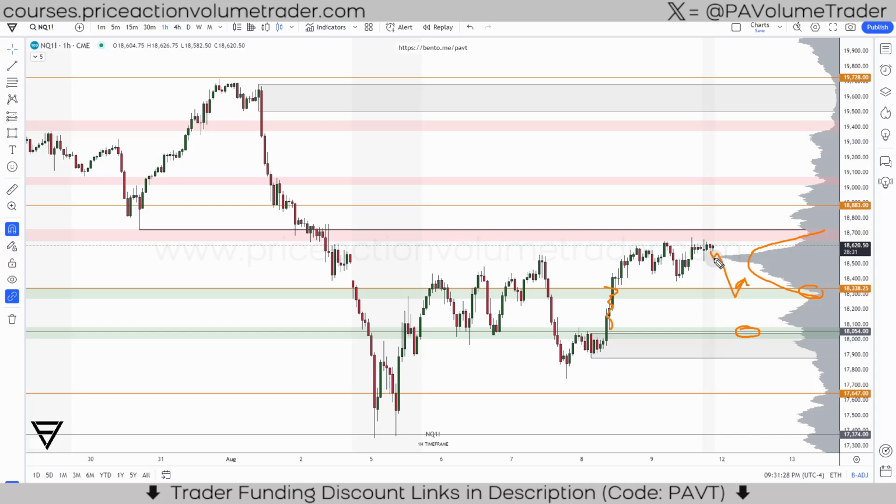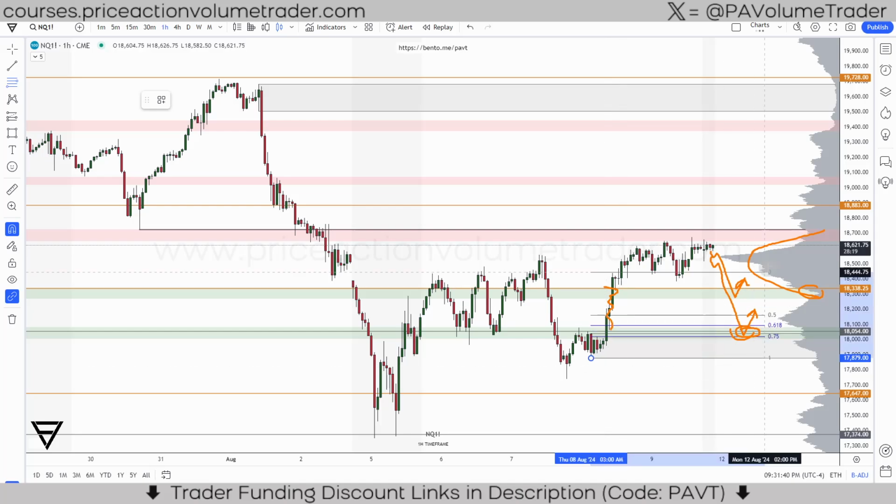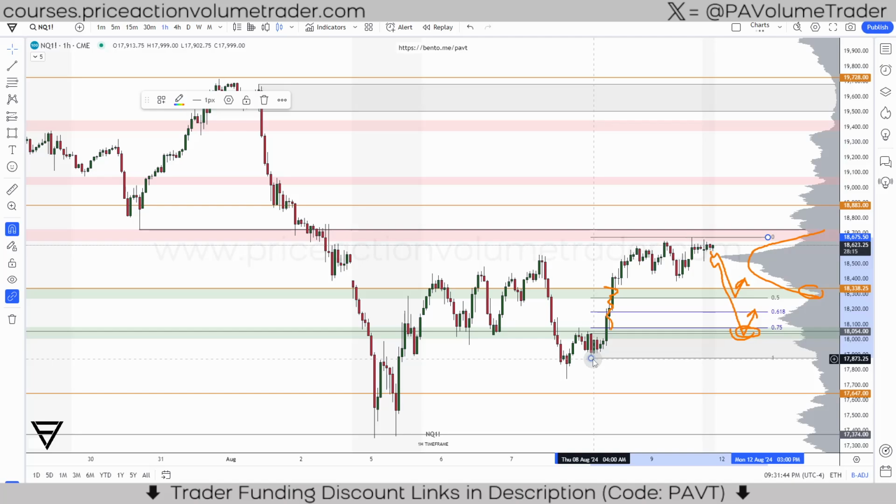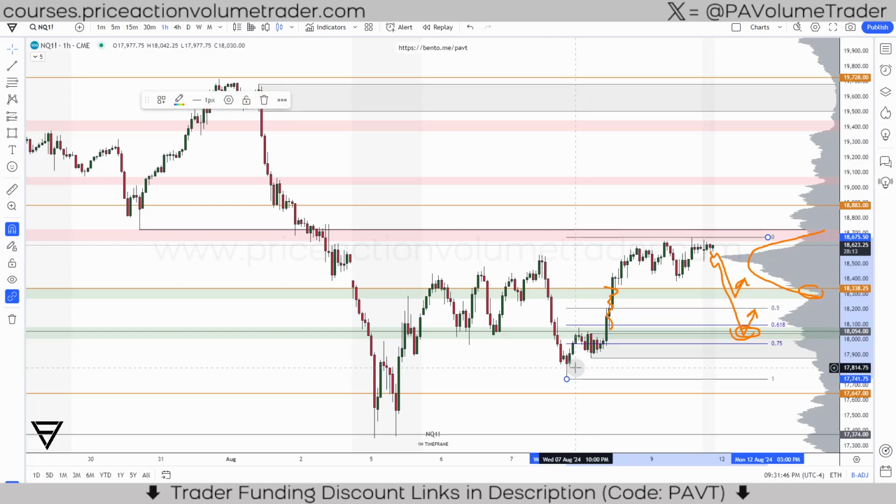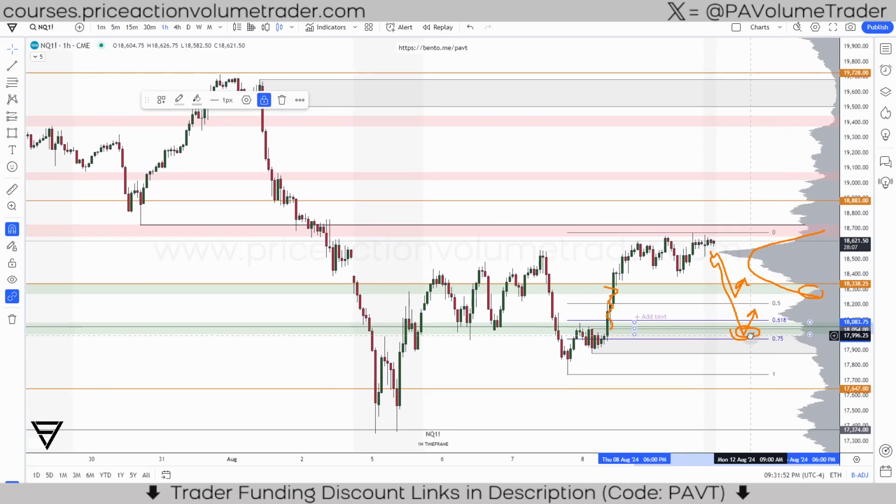So we could very well have a deeper pullback into this area, which will be an even higher conviction long trade. I can also put a Fibonacci here and say, okay, let's anchor it from the whole rotation. So you can see right in the optimal area here between 61.8, 75, etc.